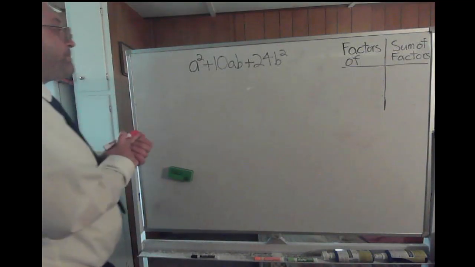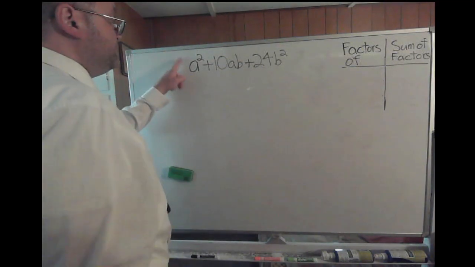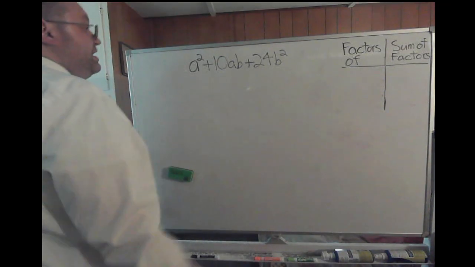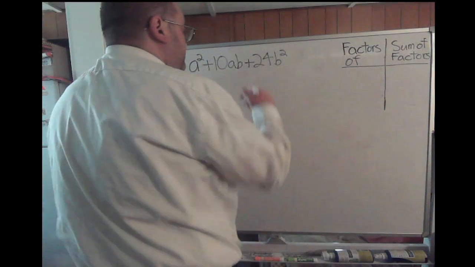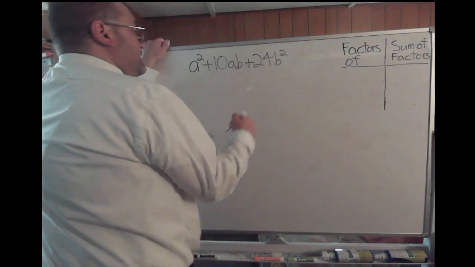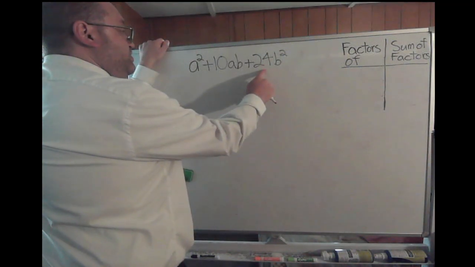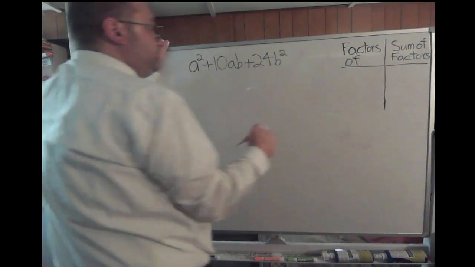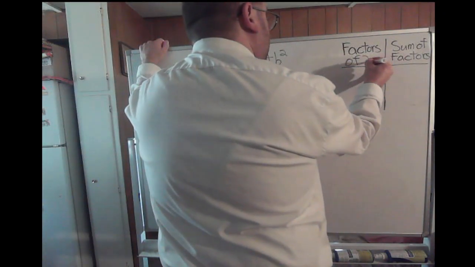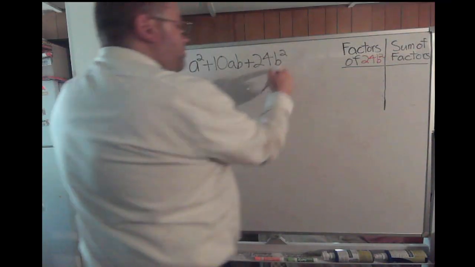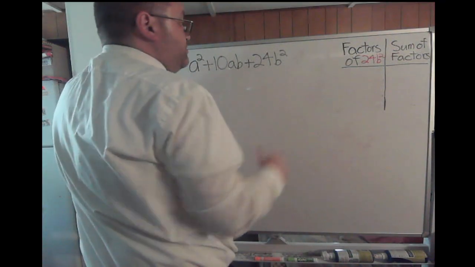Well, your coefficient on the a squared is 1, so your life just got easier there. Now you need to find your factors of 24b squared, that when the sum of the factors of your coefficient will equal 10. You're always taking the square root of the b squared for your factors. You would get b.